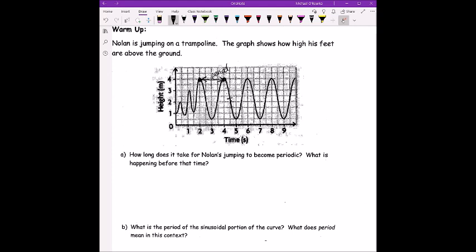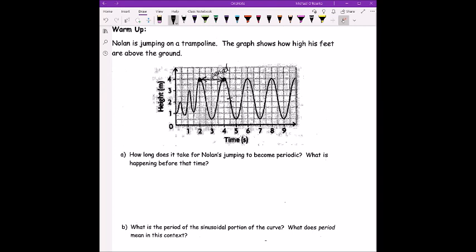One second, I want to get my note out too. Can you guys tell me how long it takes him to get into periodic rhythm? So I get my note ready. Two seconds, good.